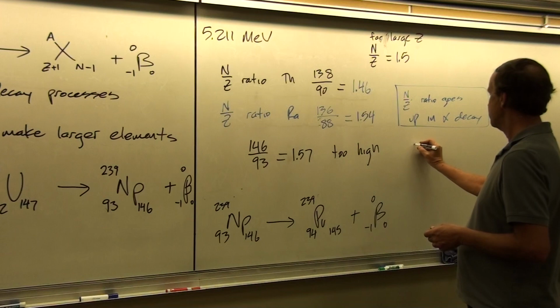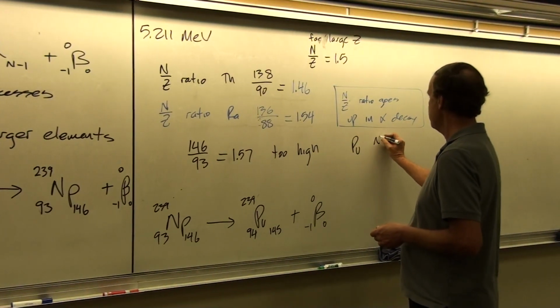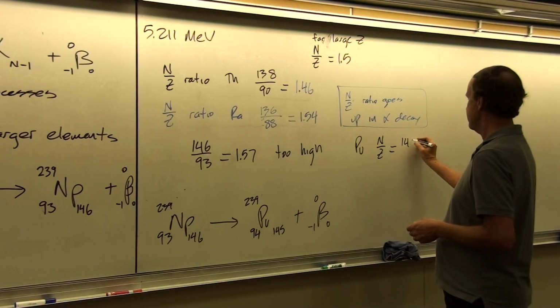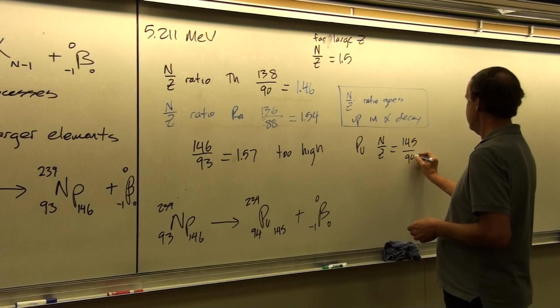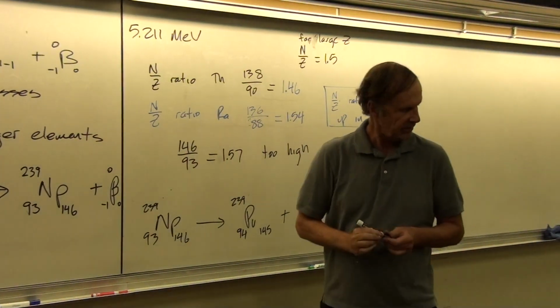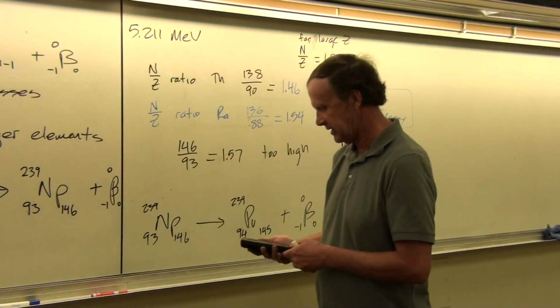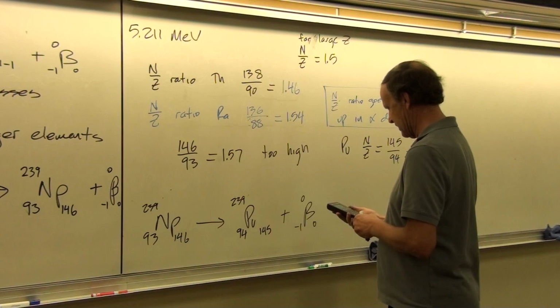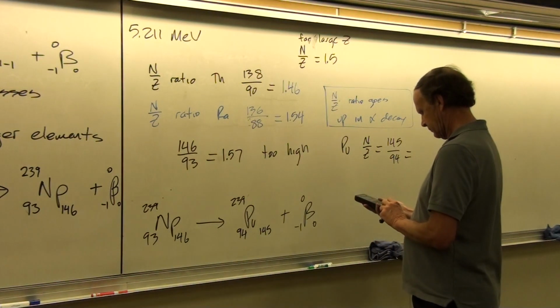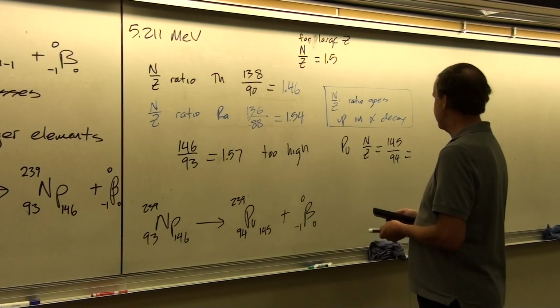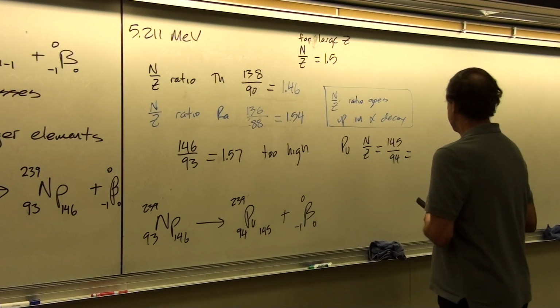So here the neutron to proton ratio for plutonium is 145 over 94. So that's more reasonable. It's something that it can live with without having to decay quickly into something else. It has an N to Z ratio of 1.54.